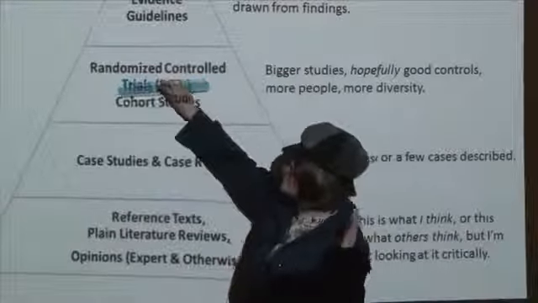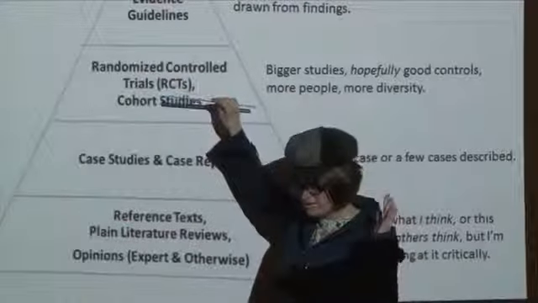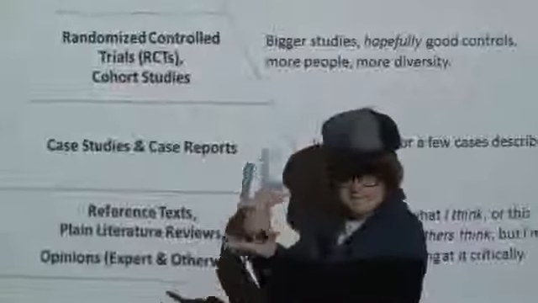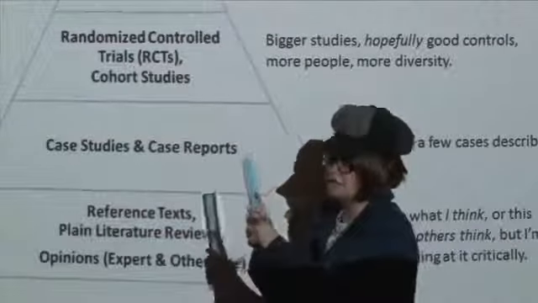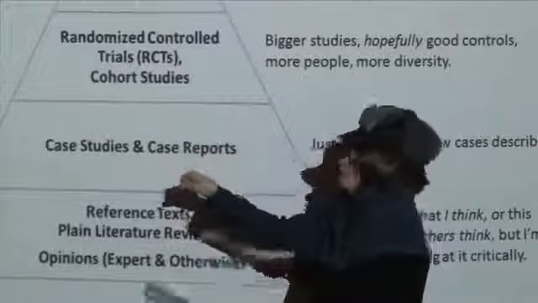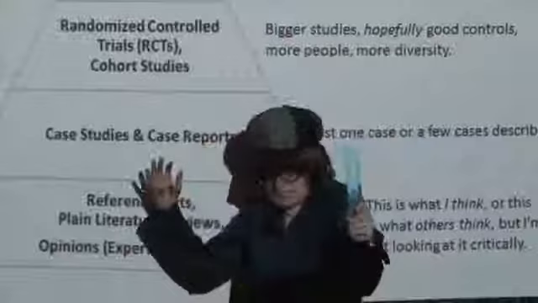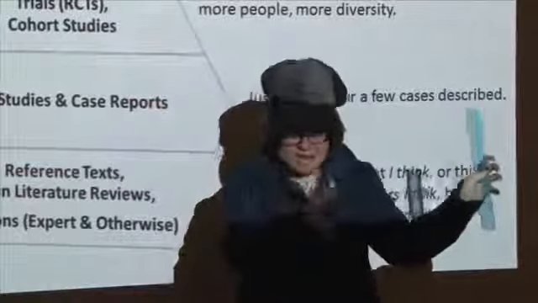There are different types of studies. Usually one of the fanciest of all is the randomized control trial study. That's where people are put into different groups randomly and then possibly given an intervention. Like, oh, you get candy, you don't. Or you could have a cohort study where you've got one group that is very similar to another group, but one group gets the candy and the other one doesn't.